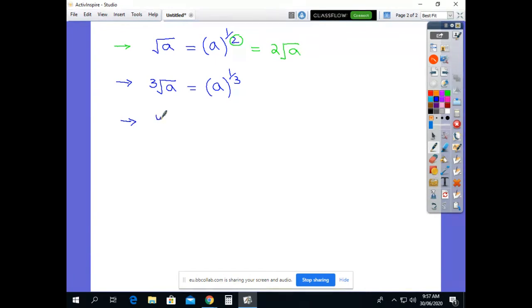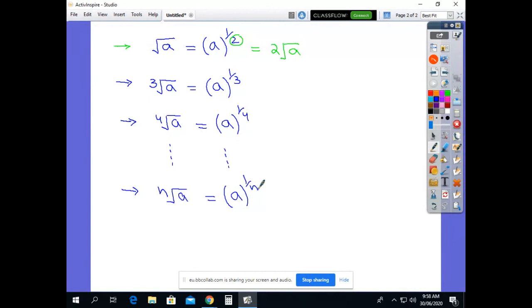Similarly, if we write 4 here, we convert it into exponential form as a raised to power 1 by 4. Similarly, up to n, the nth root of a can be written as a raised to power 1 by n.